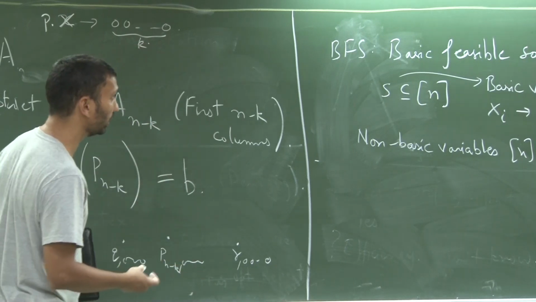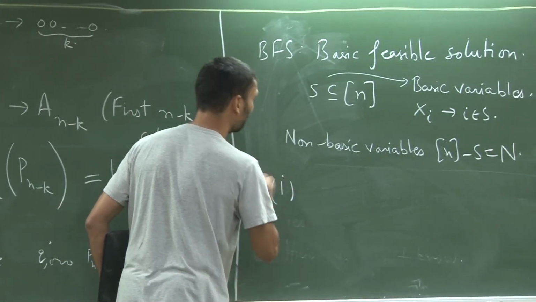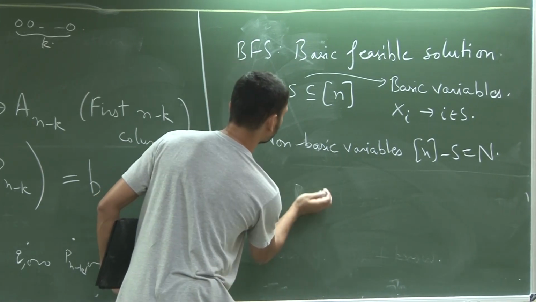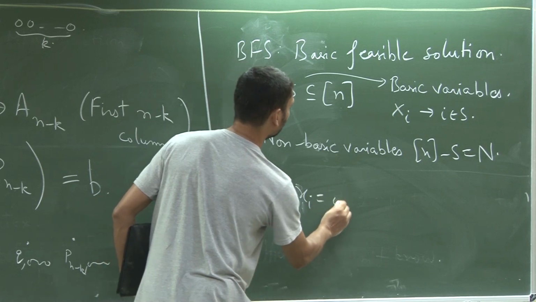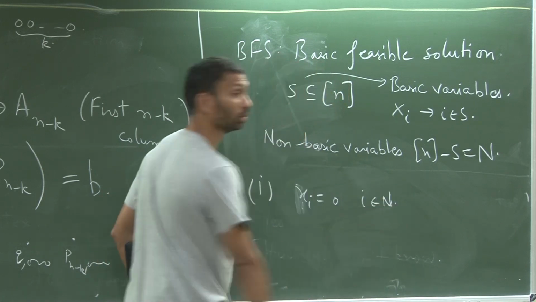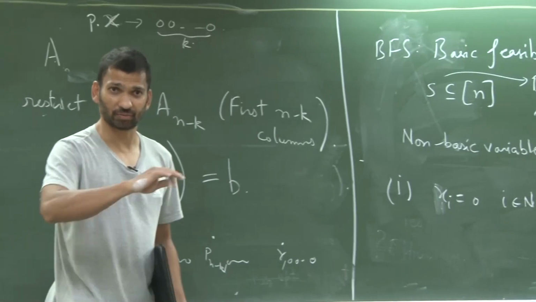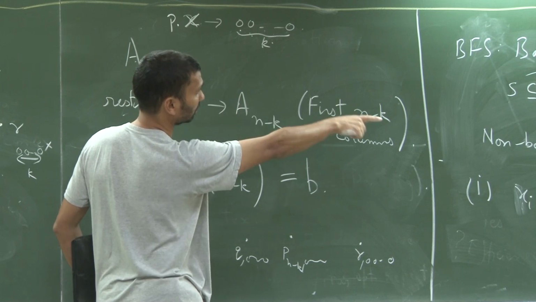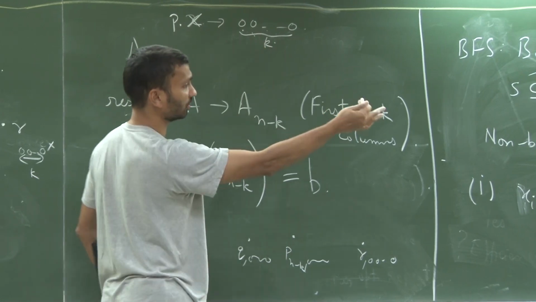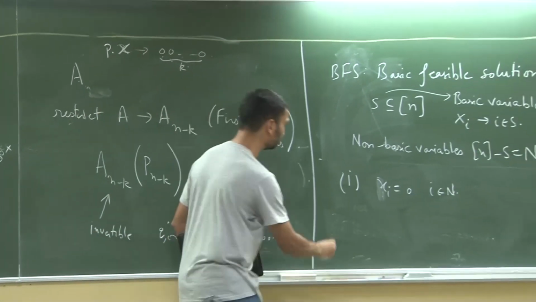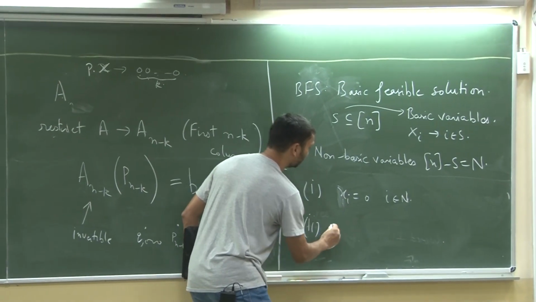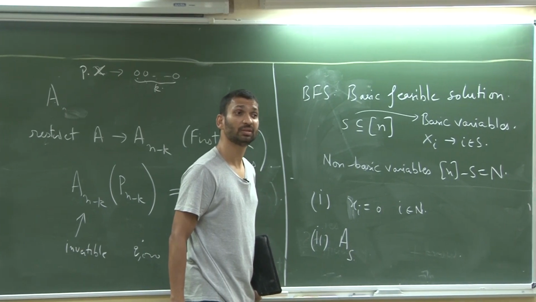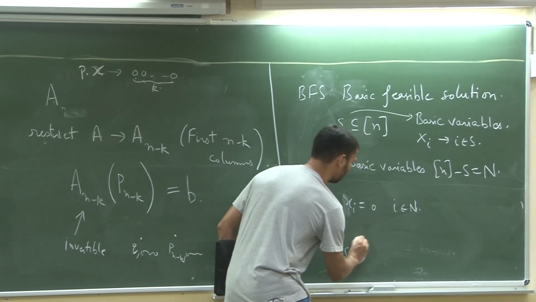And then what do I need? 1. X_i equals 0 if i is non-basic, right? This is how I started. The non-basics are the set of zeros, and the remaining part was the set of basic variables. And part 2, if I restrict A to S, this is invertible.